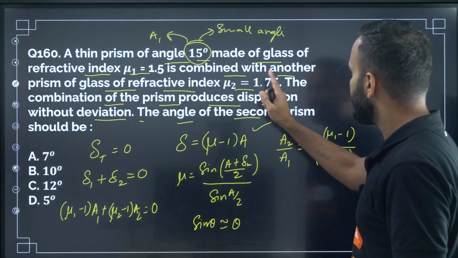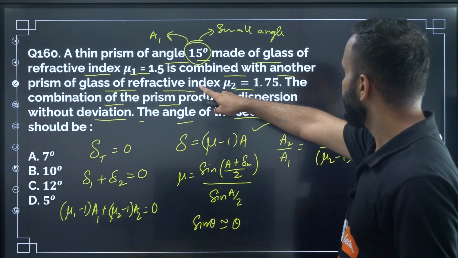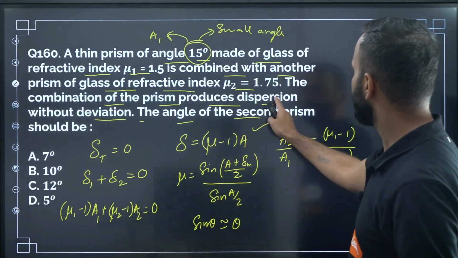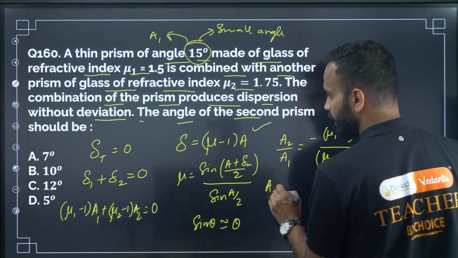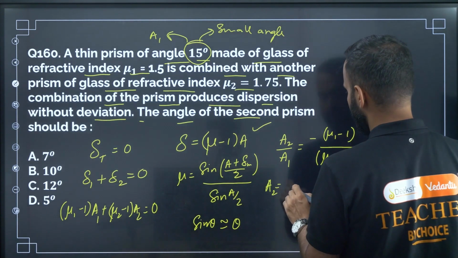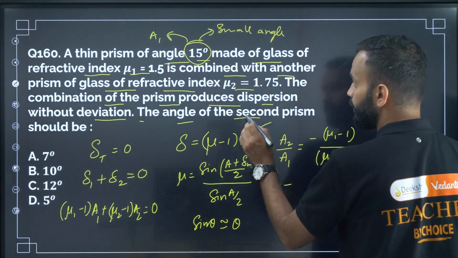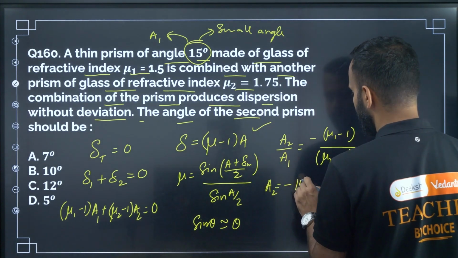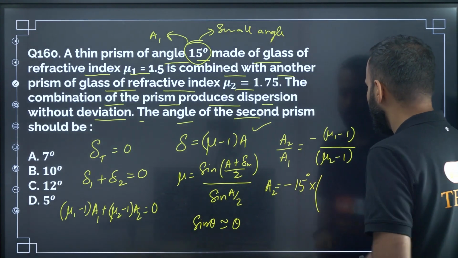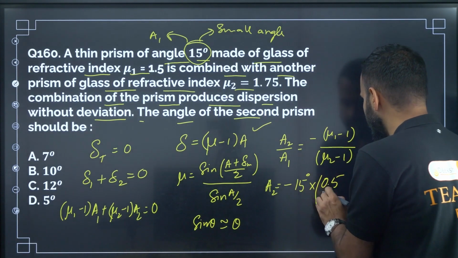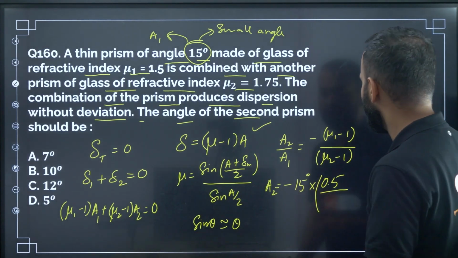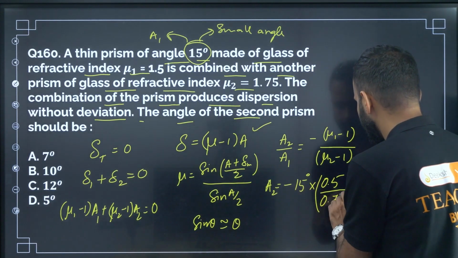A1 we know, mu1 is 1.5, mu2 is 1.75. Now A2 is equal to minus A1, which is 15 degree, into mu1 minus 1, that is 1.5 minus 1, 0.5, divided by mu2 minus 1, that is 0.75.